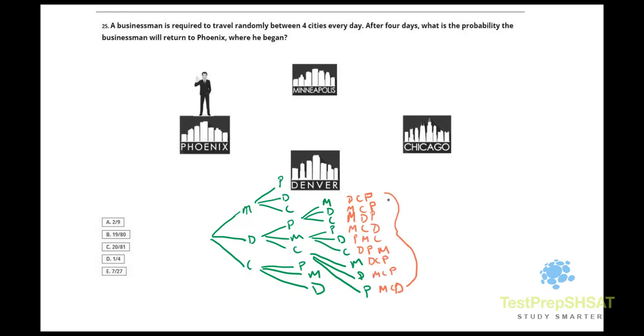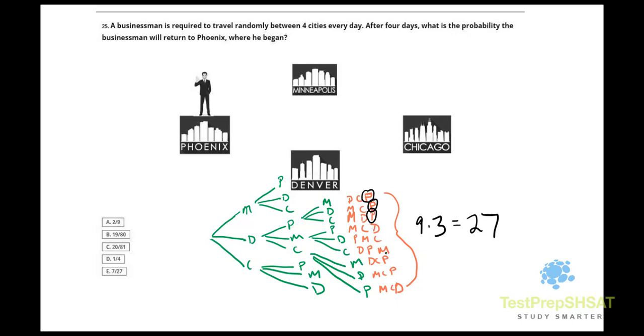Out of these, we have 9 times 3 branches. At each of the 9, we've got 3 scenarios in orange. So 9 times 3 equals 27 for this middle level of branches. Well, how many of these 27 actually end up back in Phoenix?